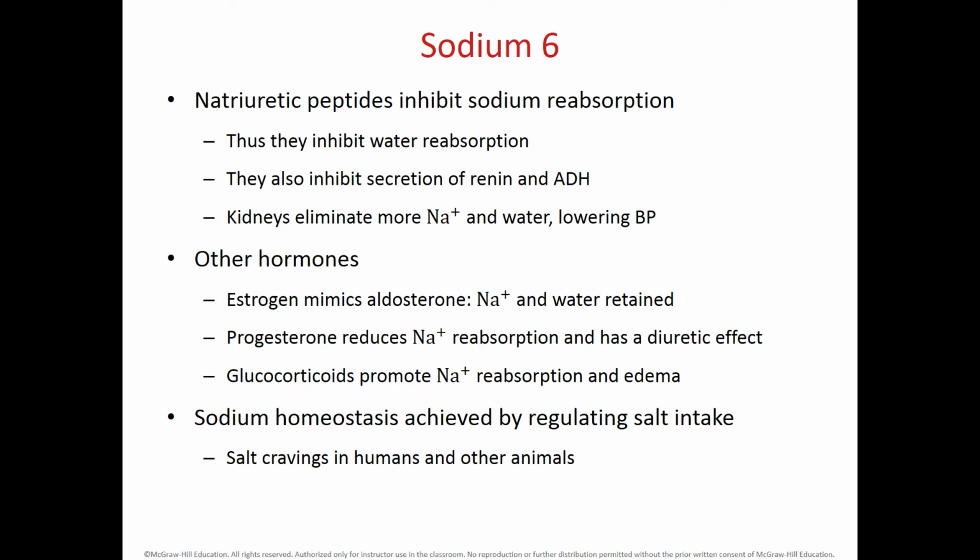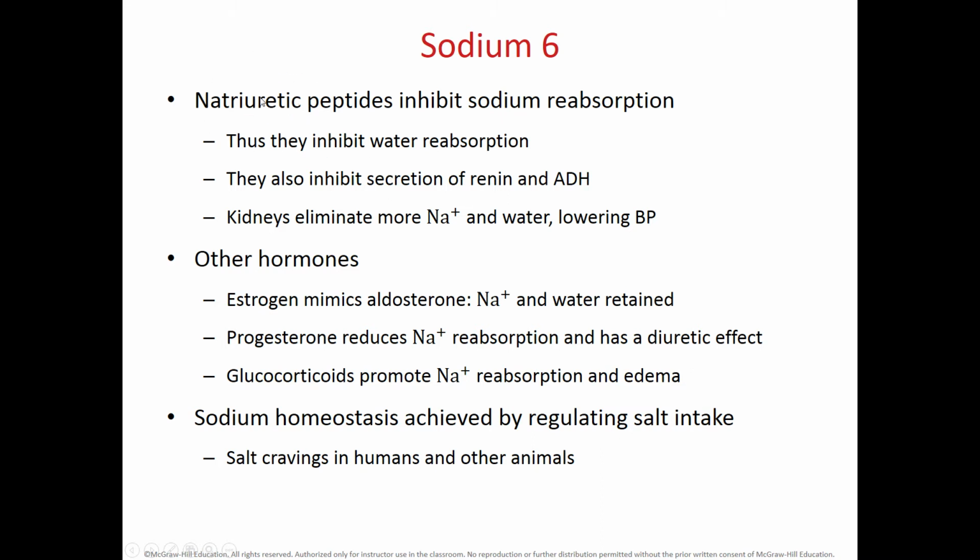So if you have hypervolemia, the opposite of hypovolemia, your right atrium will sense it. The walls of the right atrium will become more distended. The cells within the right atrium will generate these natriuretic peptides, and natriuretic peptide means, guys, natrium, which is the Latin name for sodium, and uresis, uretic.